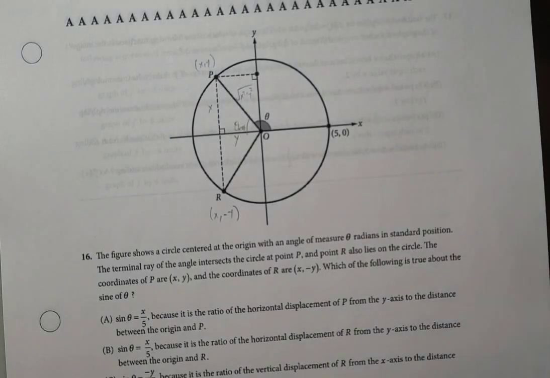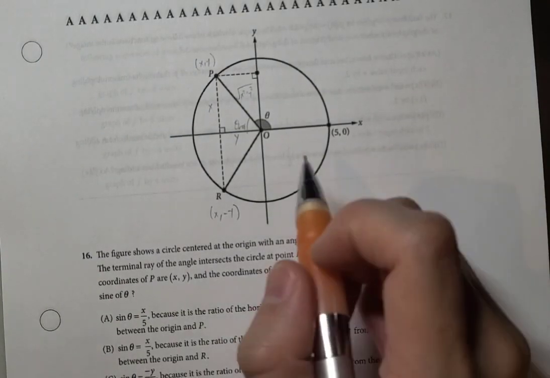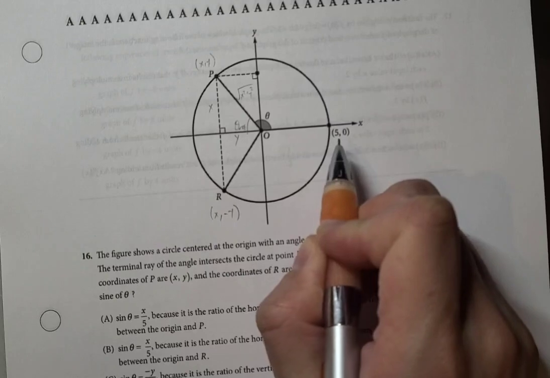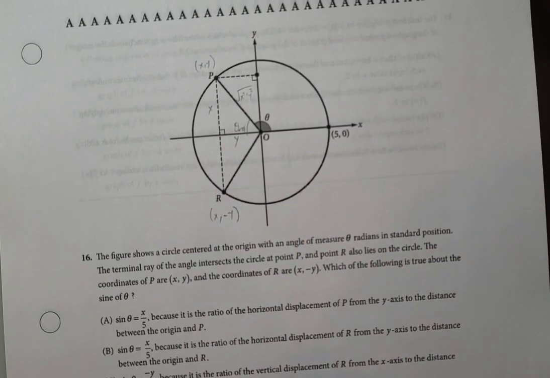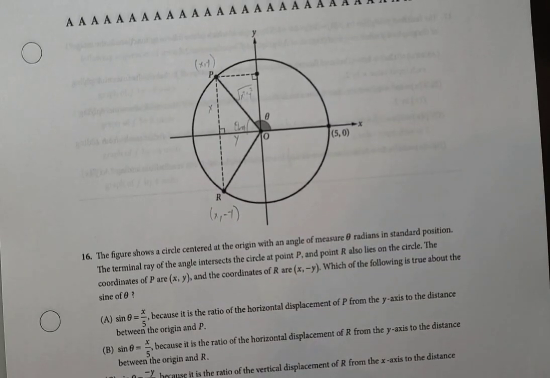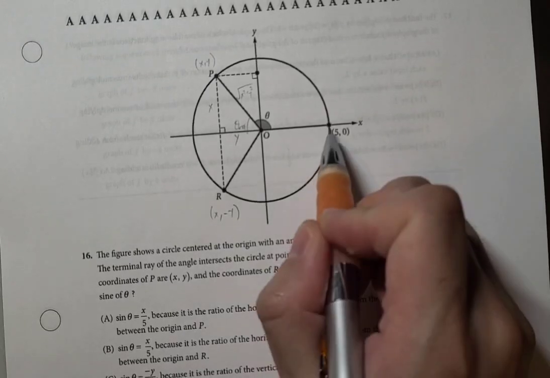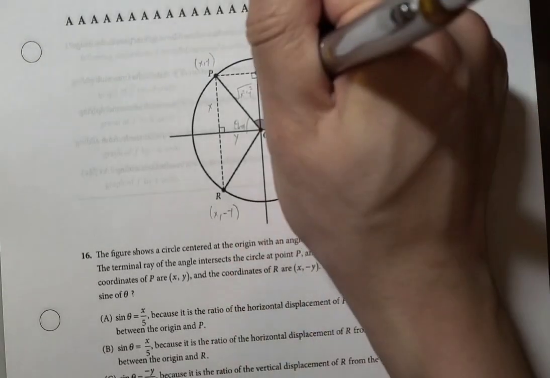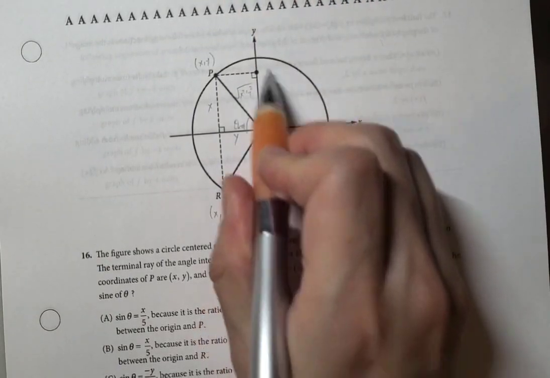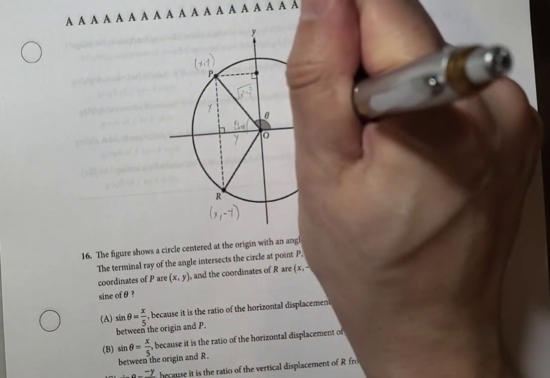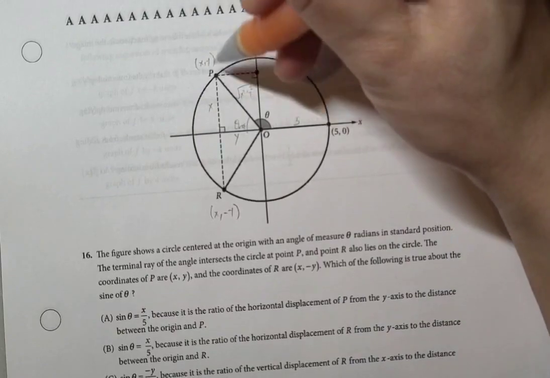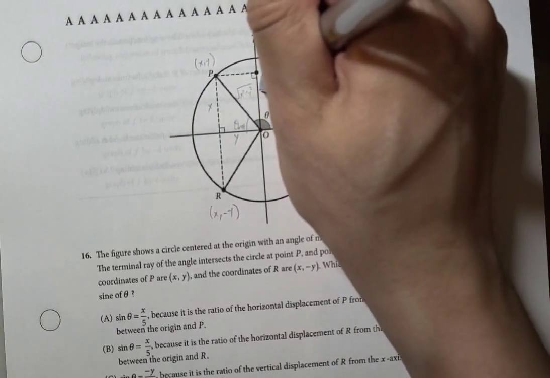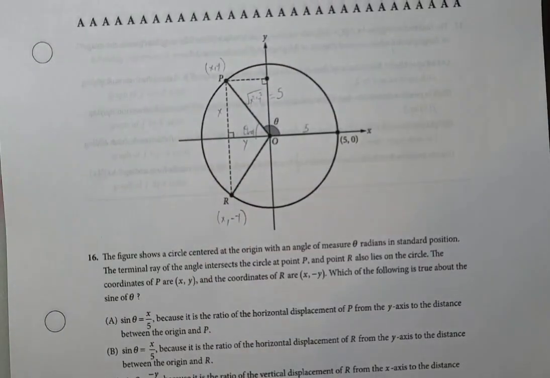And then actually they give us this point as 5, 0, so we probably need to use this. So this circle has a radius of 5. This length is 5. This is also the radius. So x squared plus y squared is equal to 5 squared actually.